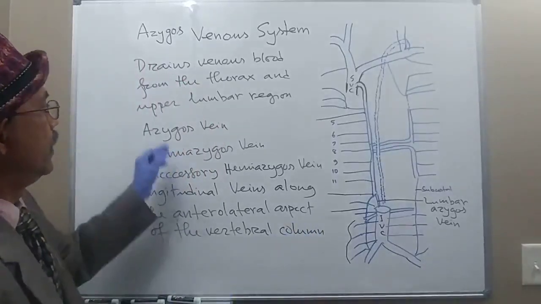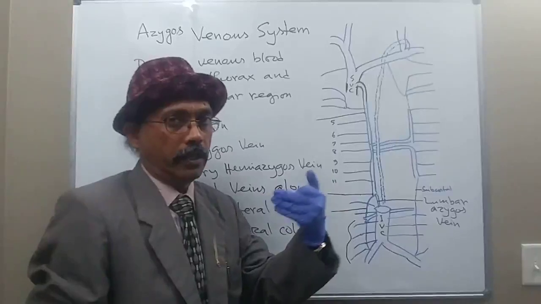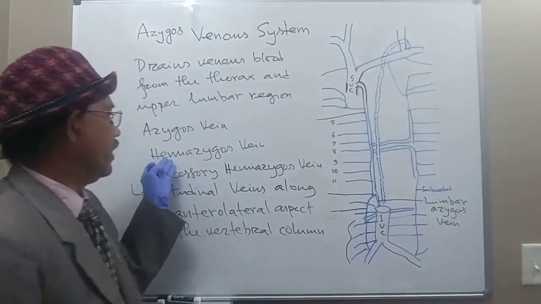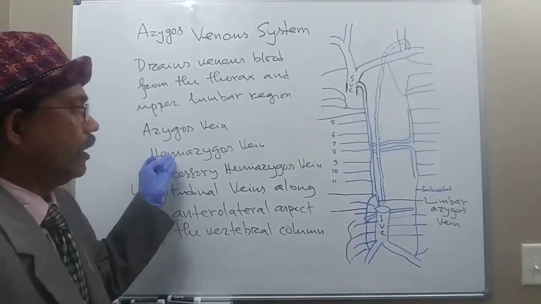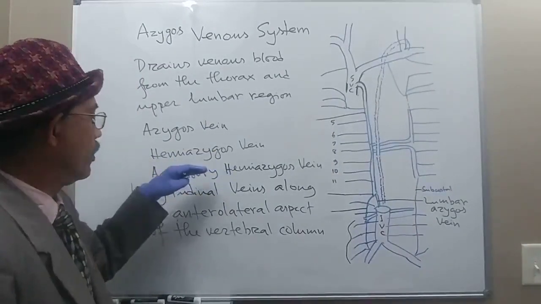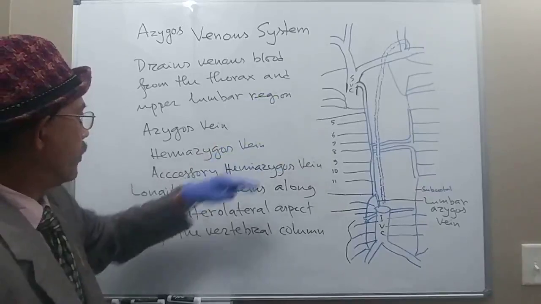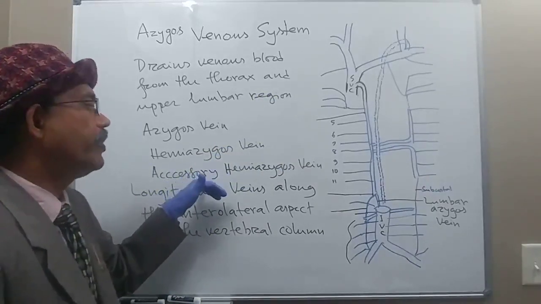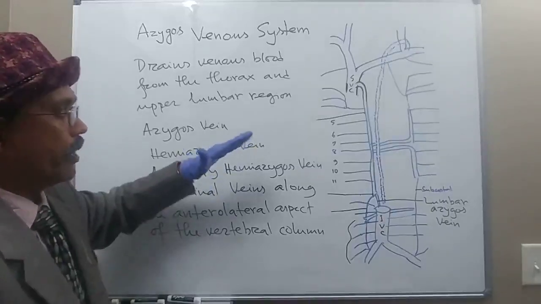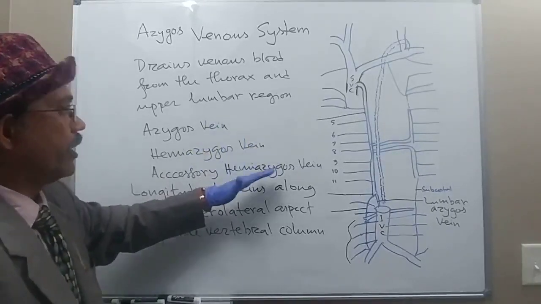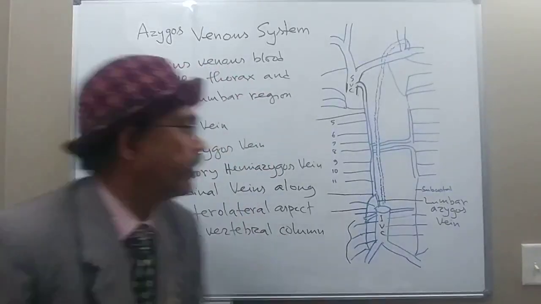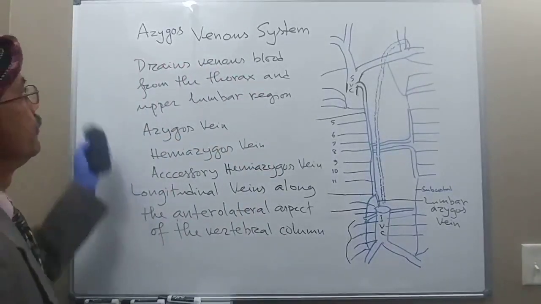Okay. Azygos vein is on the right side of the vertebral column. The hemiazygos vein is on the left side, in the lower part of the vertebral column. Accessory hemiazygos vein is in the upper part of the left side of the vertebral column. Okay, we got the azygos venous system.